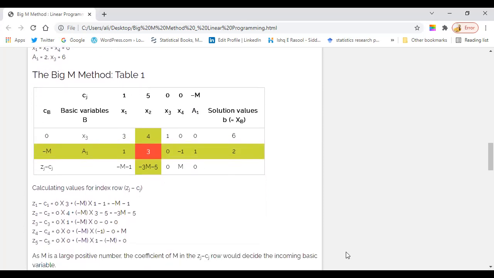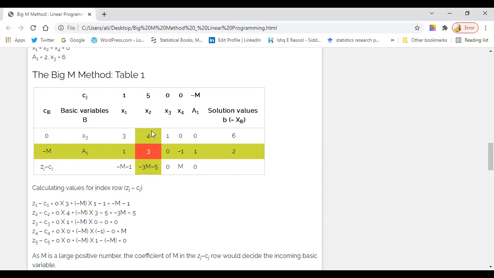We get minus M minus 1, then minus 3M minus 5, then 0, then M, then 0. We find the minimum value, which is minus 3M minus 5.